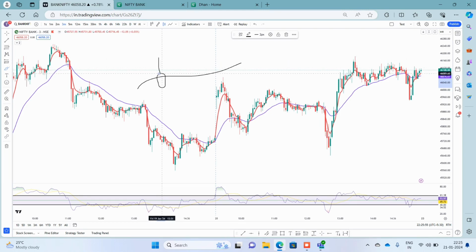So you should not enter these kinds of candles even though it is closing above 5 EMA. Wick should not be on the top. If wick is on the top, body should be minimum 70 to 80%. You should have small wick top and small wick bottom. This kind of candle you should never enter into the trades.